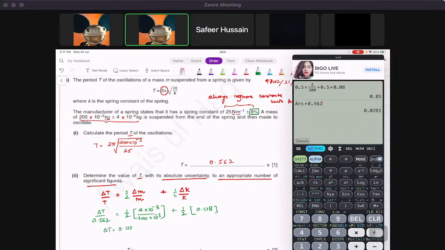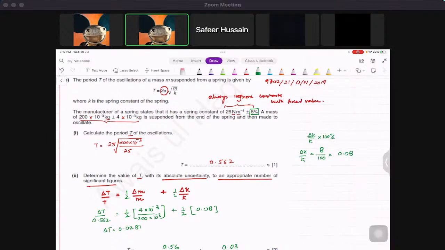So in this space, who's going to tell me what I should write? 0.03. Up to 2 decimals, so 0.56. Is it clear? That would land us 3 marks.